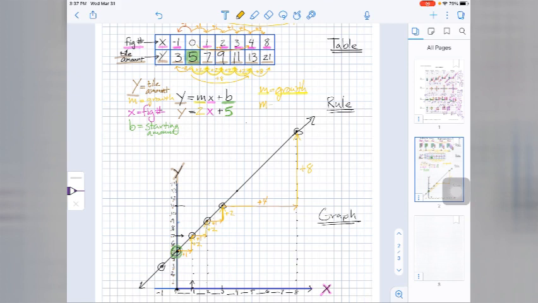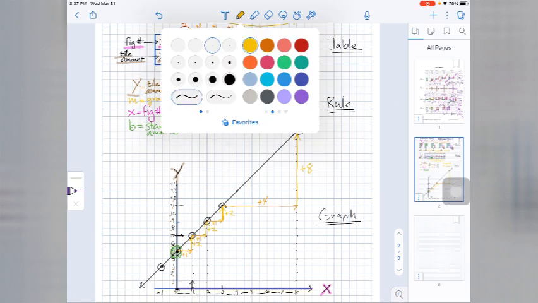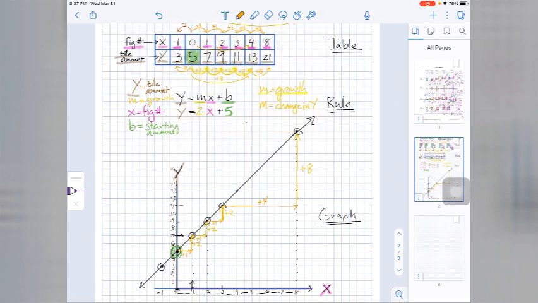So I'm going to add to my definition of M. M is equal to the change in Y, but it's a ratio, so it's actually the change in Y divided by the change in X.